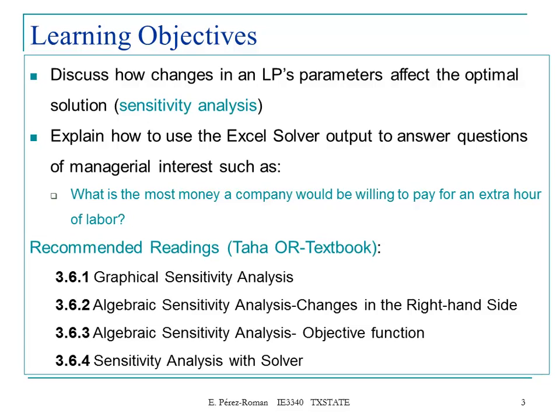Okay, so recommended readings for this lecture, you can go to 3.61, 3.62, 3.63 and 4 from your textbook. This material is also covered in those sections of your textbook.